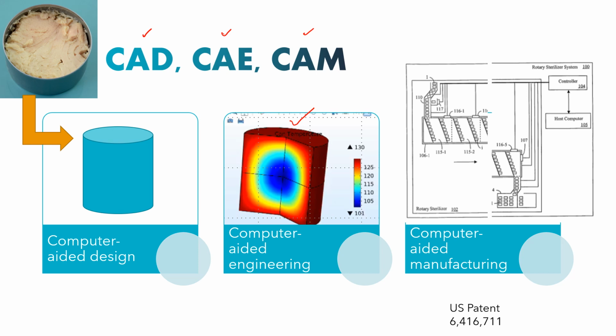So for example, in this patent from some time ago, it's talking about cans being fed to this canner and then taken out here, and this canning process is to be controlled by a controller which could be driven by a host computer.